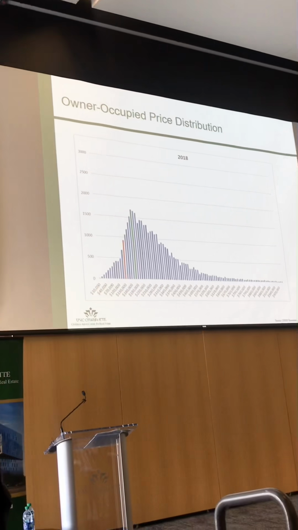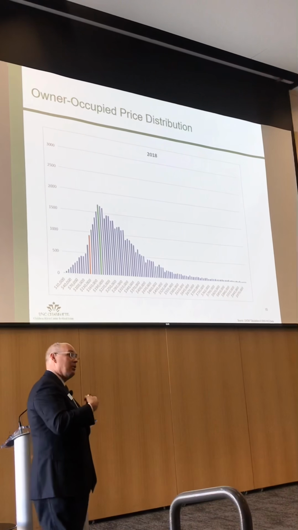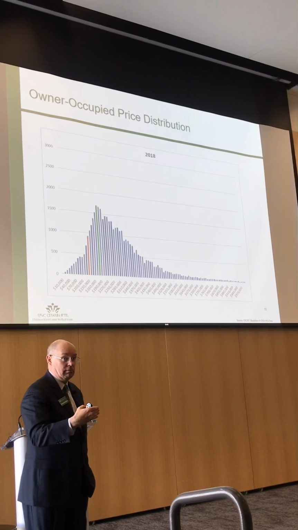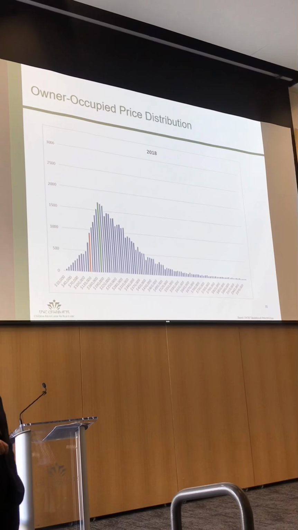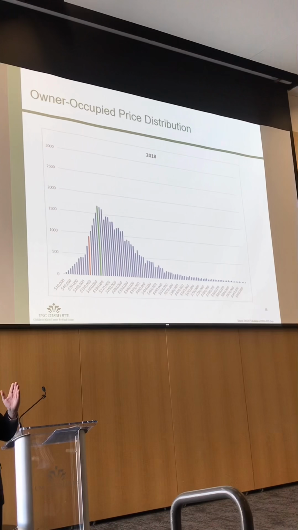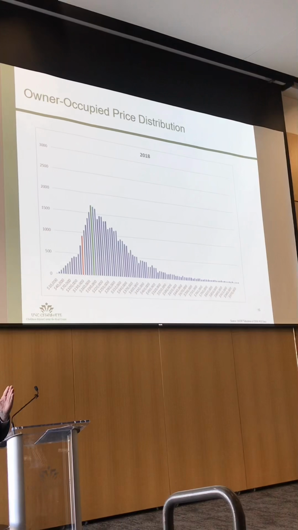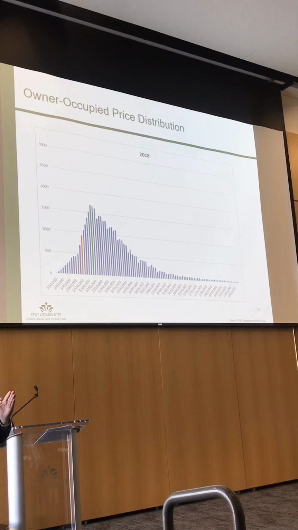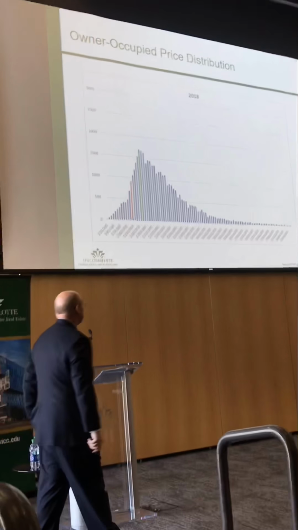So the green line is still the mode. 130,000 still was the mode in 2014. It's 190,000 in 2018. You're talking about a $50,000 difference, $60,000 difference in 4 years. That's a big change. Okay? That's distributionally a big change.